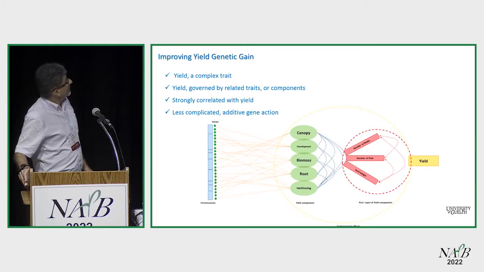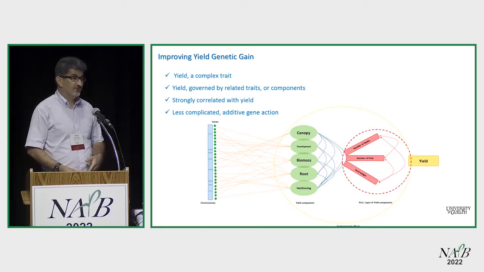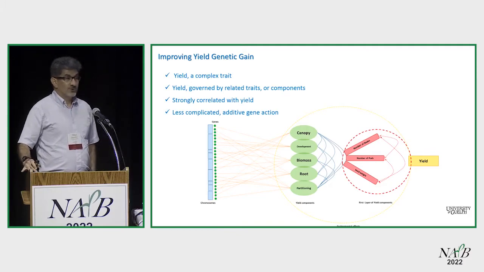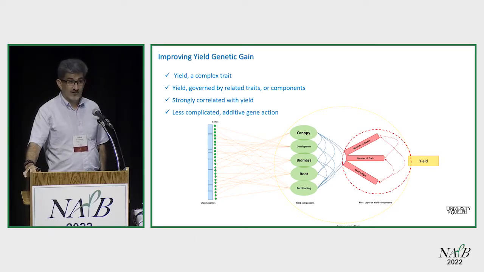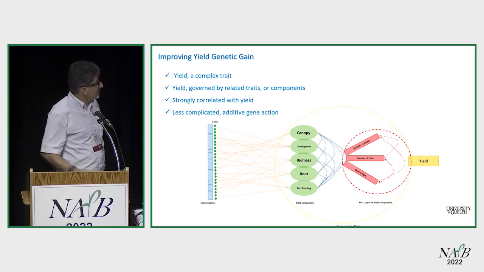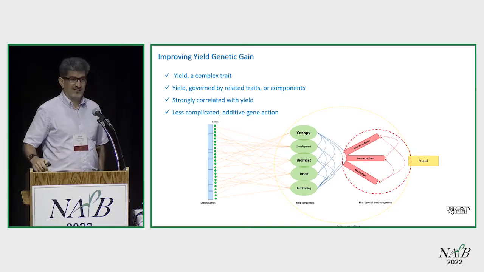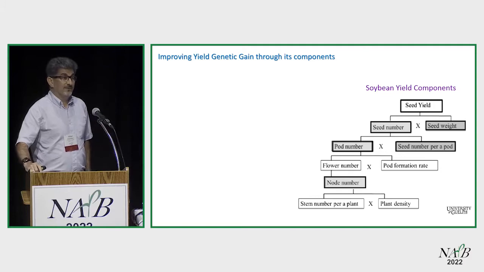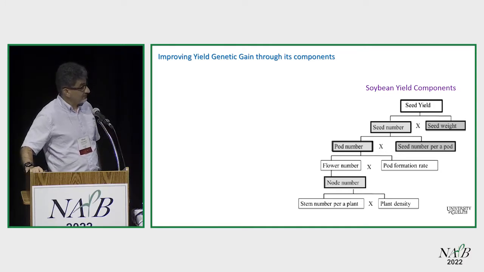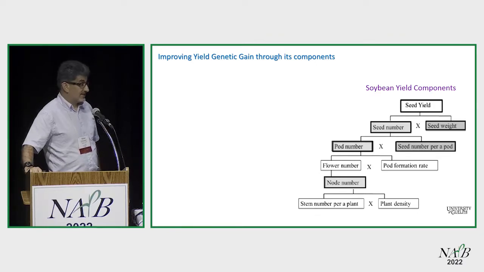Theoretically, one way to improve genetic gain is to break the complex trait of yield into its components, hopefully those components are strongly related to yield and are not as complex. For those not familiar with the yield components in soybean, this graph shows the main components: number of nodes per plant, number of pods per plant, number of seeds per pod, and seed size.